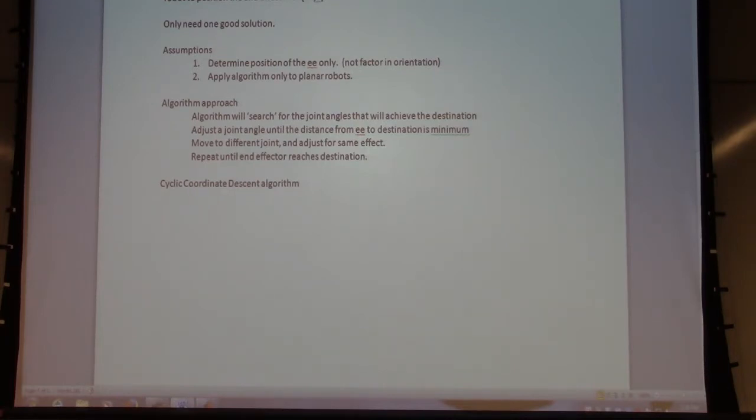So what it says is it adjusts the joint angle of the last joint until the distance from the end effector to destination is minimum. Okay. Then what?